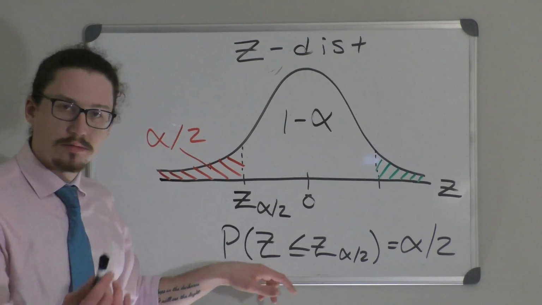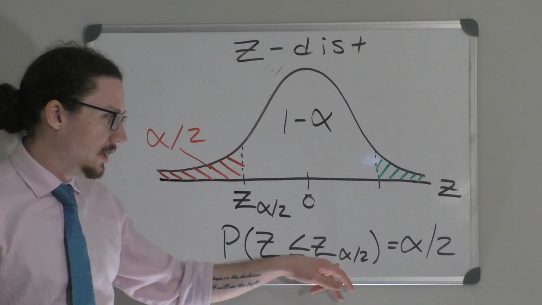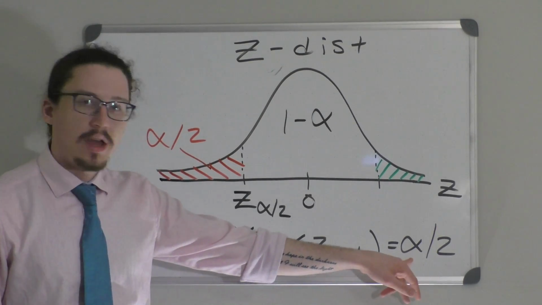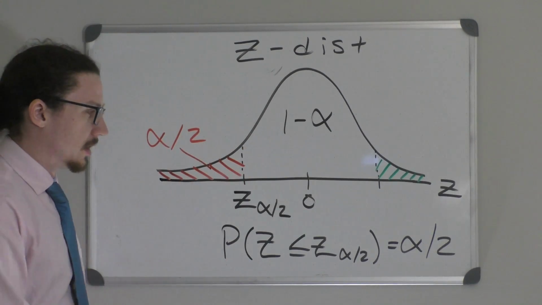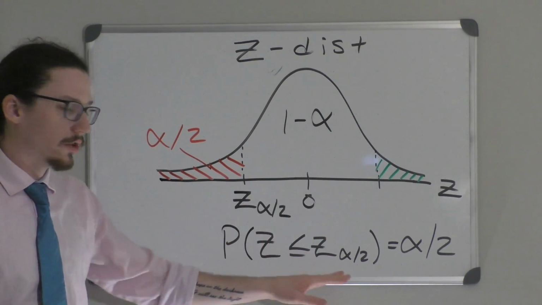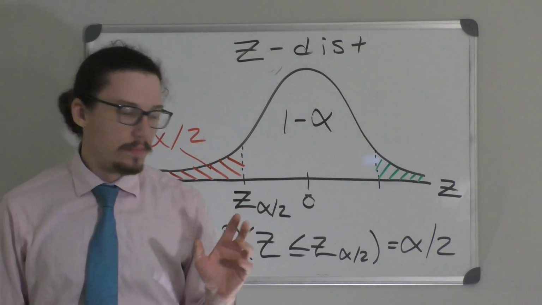So the probability that z, our random variable as a whole, is less than or equal to this value equals alpha divided by 2. Right, which makes sense because what this is asking for is the area under the curve to the left of that value. That's what we've got shaded in.